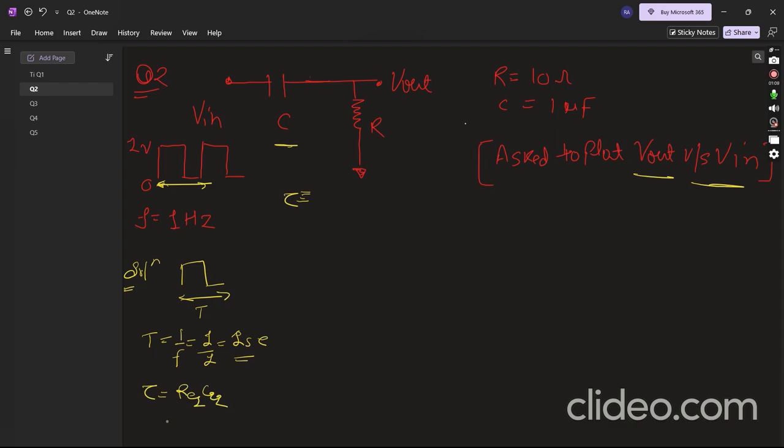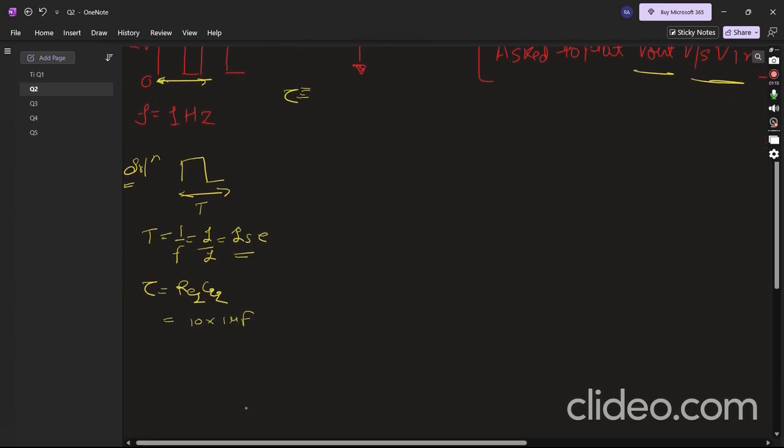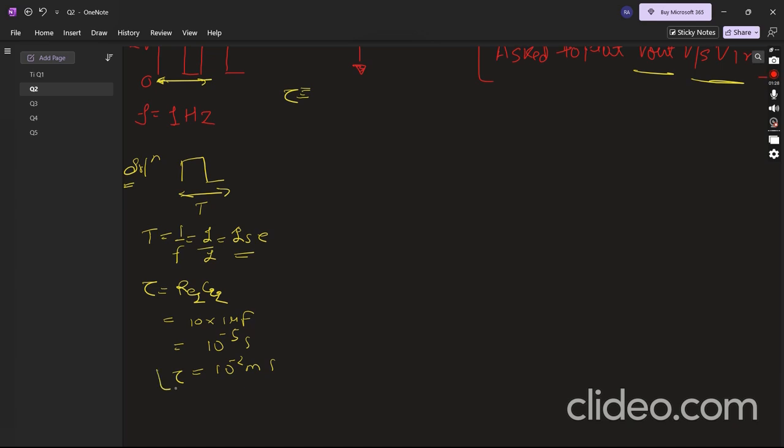We can find tau. Tau is 10 into 1 microfarad, and if we solve, we get 10 to the power minus 5 seconds, which is 2 millisecond. We can see the time constant is much smaller than the time period of the pulse.